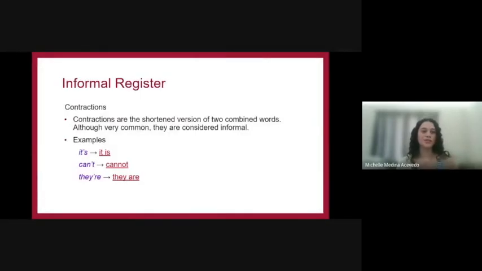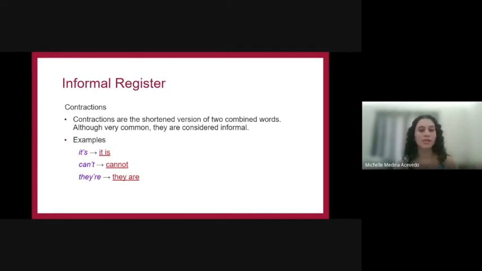Okay, so the second aspect of informal register that we should avoid is contractions. And contractions are the shortened version of two combined words, and they are very common. We use them in regular talk every day, but they are considered informal. So in academic writing, it's always important to use the full form.